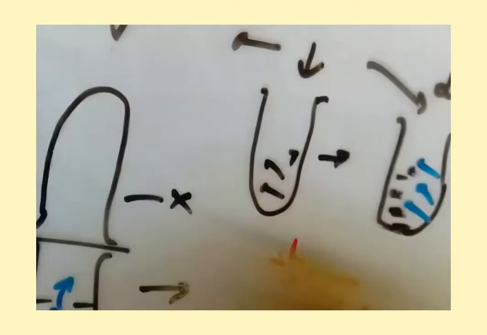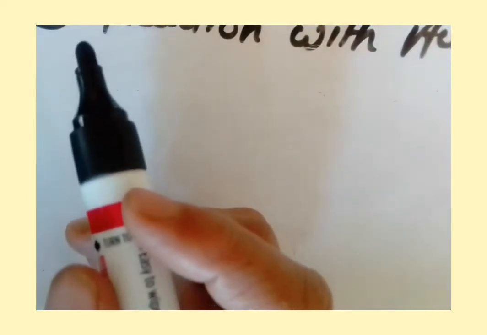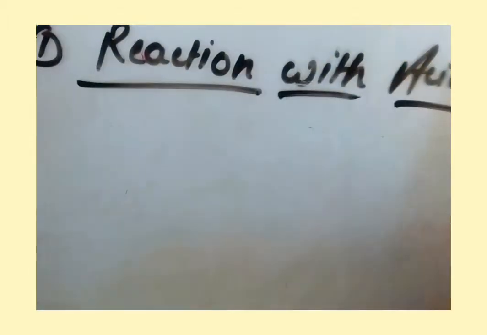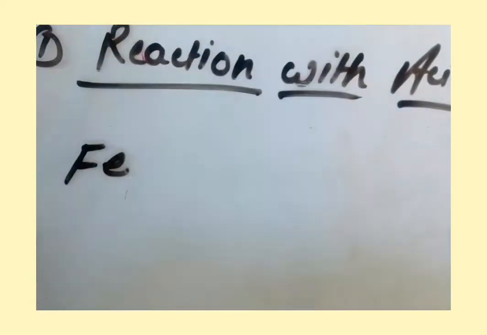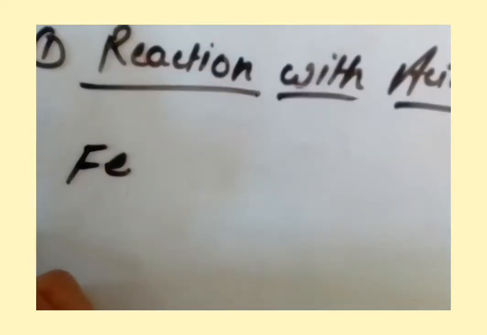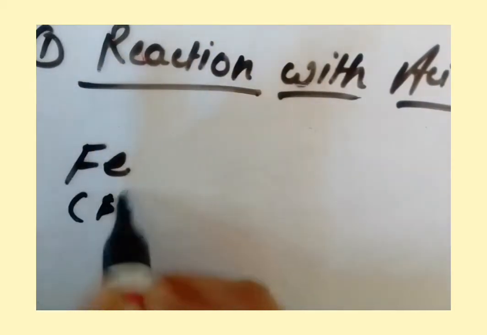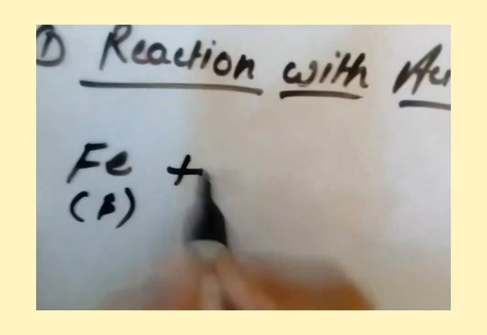Now let me write this activity in the form of a chemical equation: how hydrogen gas was released, and how metal salt was formed. So first of all, I will write here iron. Fe is the symbol, solid state first.